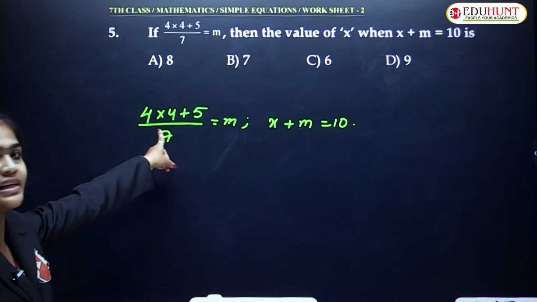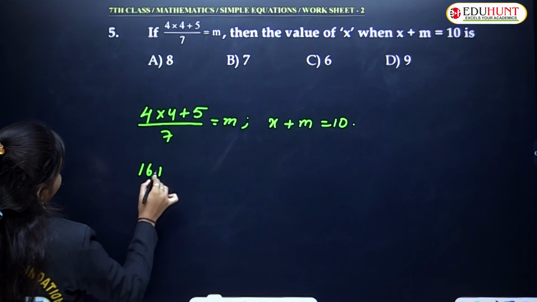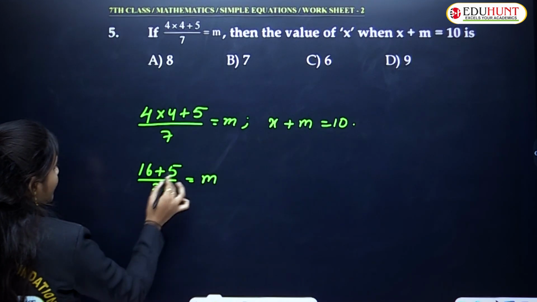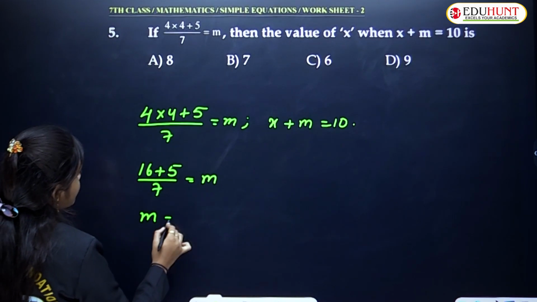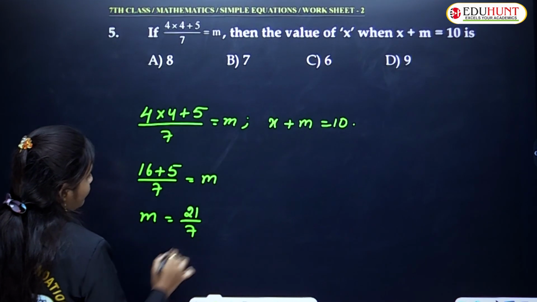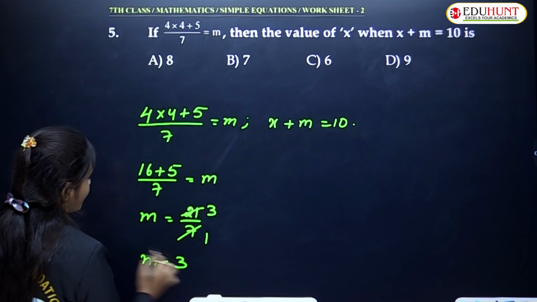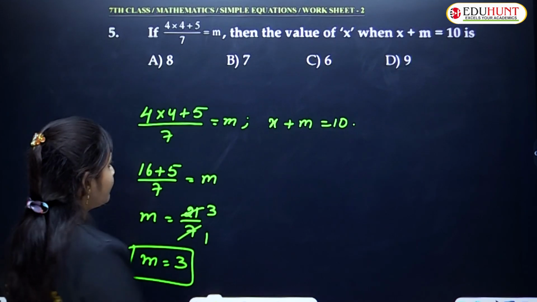Before finding that, first we need to simplify that m value. 4 fours are 16 plus 5 by 7, which is equal to m. 16 plus 5 is equal to 21. So m is equal to 21 by 7. 7 ones are 7, 7 threes are 21. m is equal to 3.